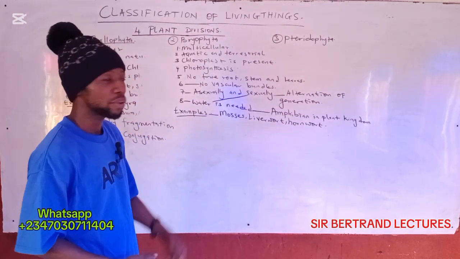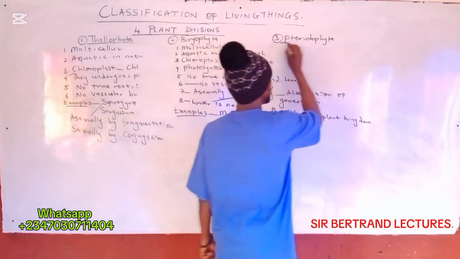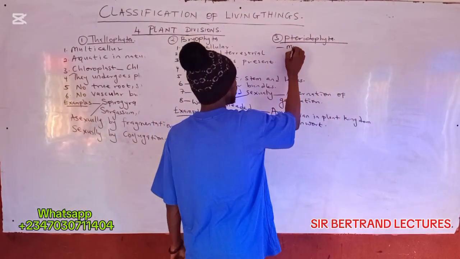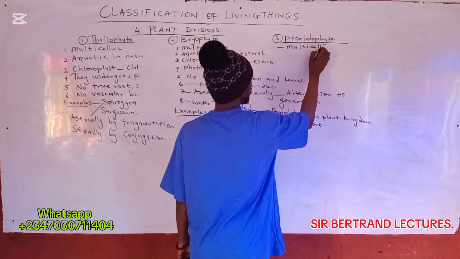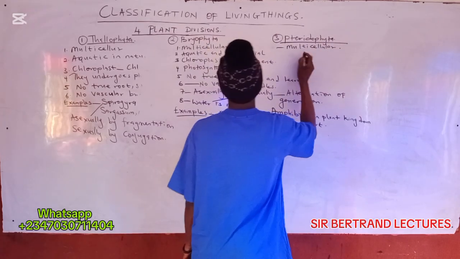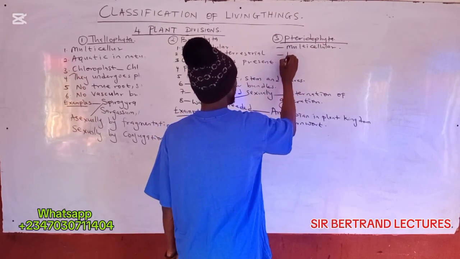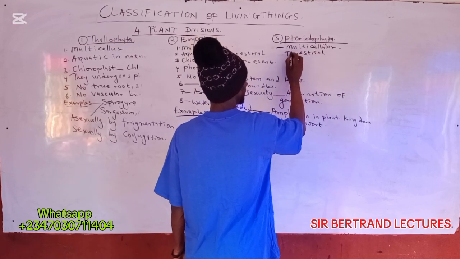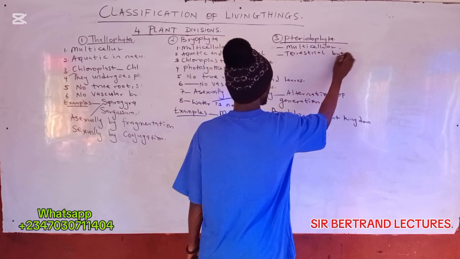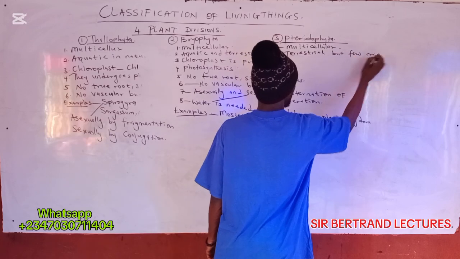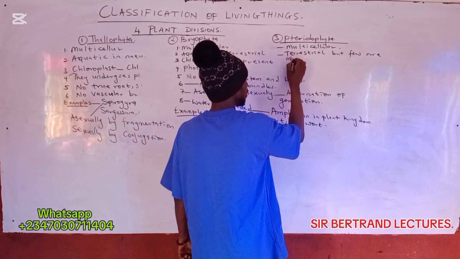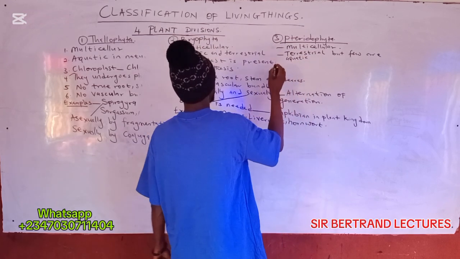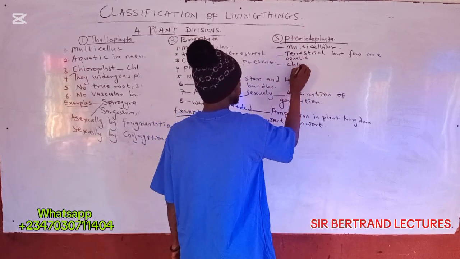Now, let's look at Pteridophyta here on the board. Pteridophytes are multicellular. Okay, they are terrestrial, but few are aquatic in nature. Then Pteridophyta here, they possess chloroplast.